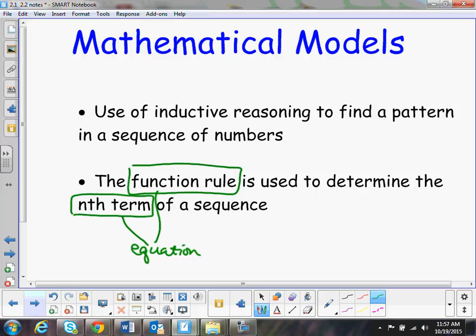You technically did this already. So in your homework, if it says find the nth term, all it means is to write the equation out. If it says to find the function rule, all it means is tell me the equation.